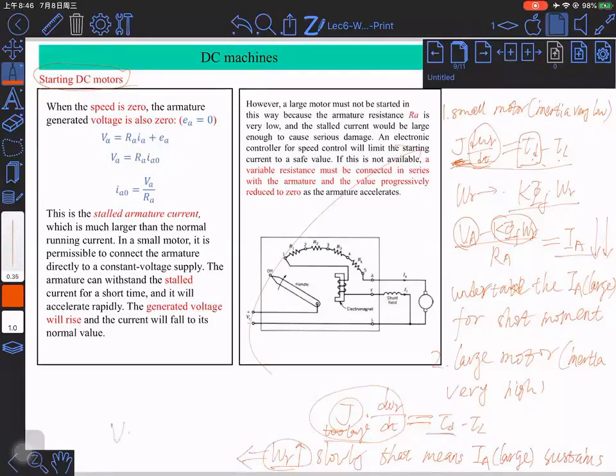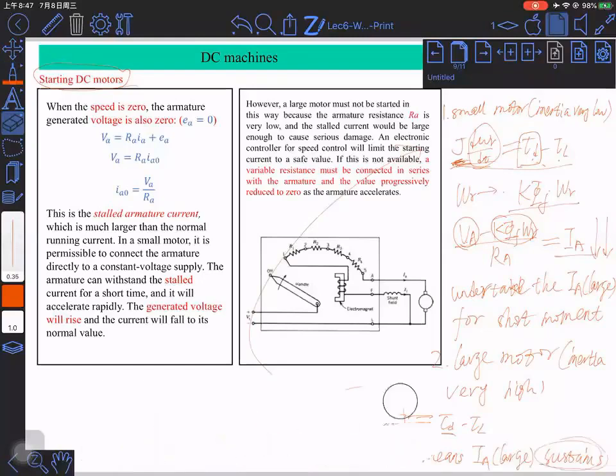In this case, VA subtracting Kφω_R is still a very large value, and over RA it is still maintaining a high current. And that high current, if it sustains for too long, say more than a few seconds, it really can degrade the armature circuit significantly. So this is not really what we want.